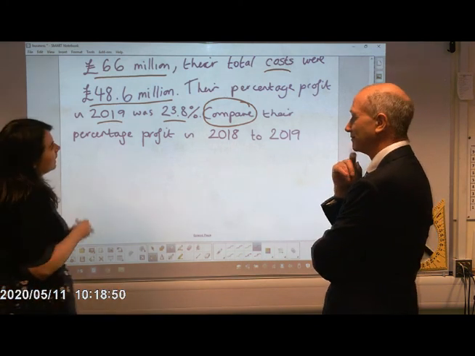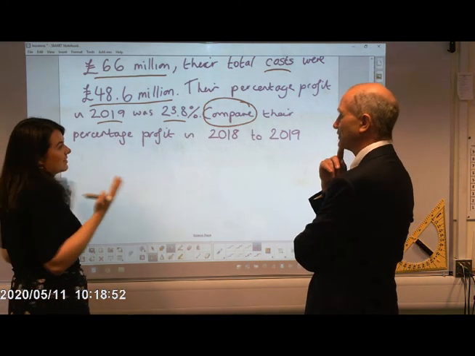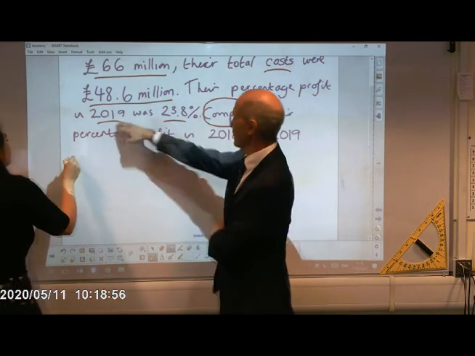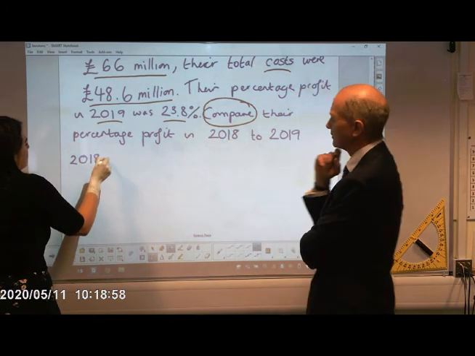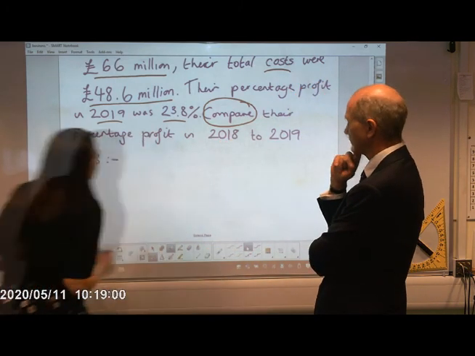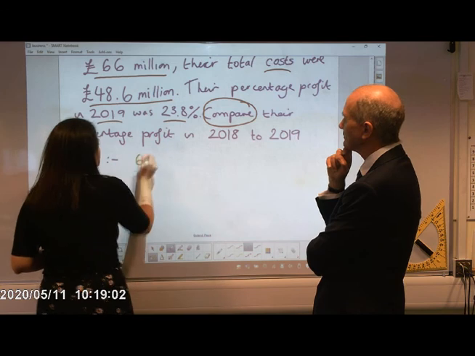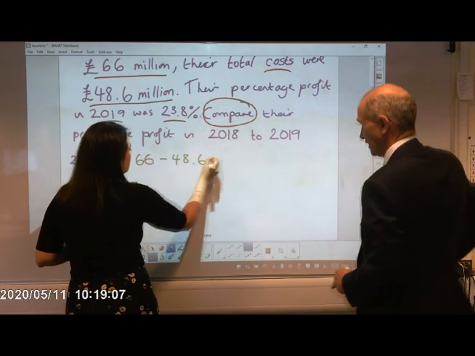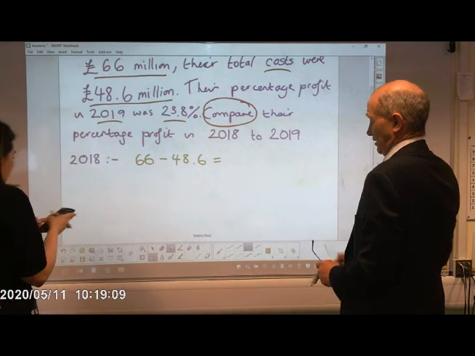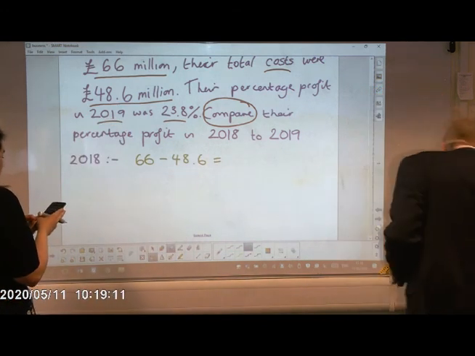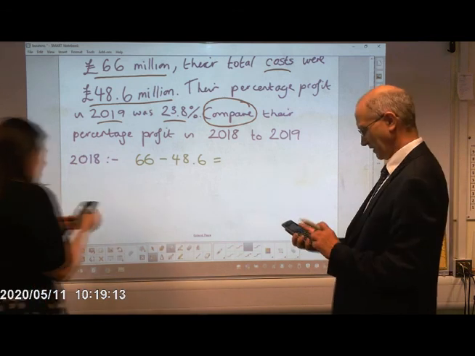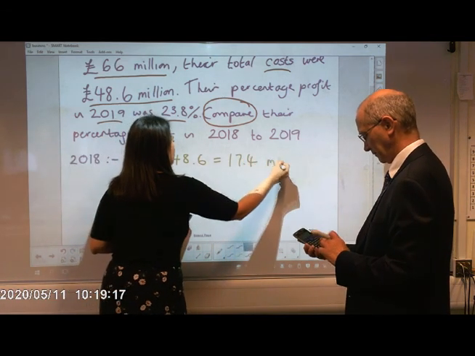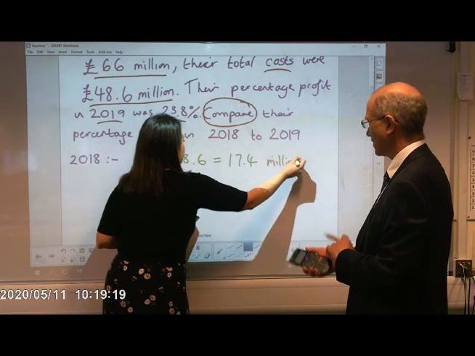We need to work out the percentage profit for 2018 in order to compare it to 2019. We've been given this one, we need to work out this one. So I am taking in 66, I am spending 48.6, which means I've got 17.4 million in profit.